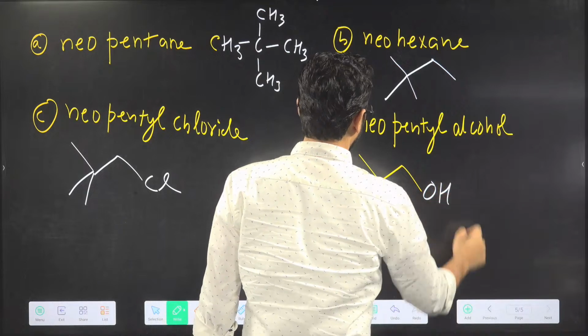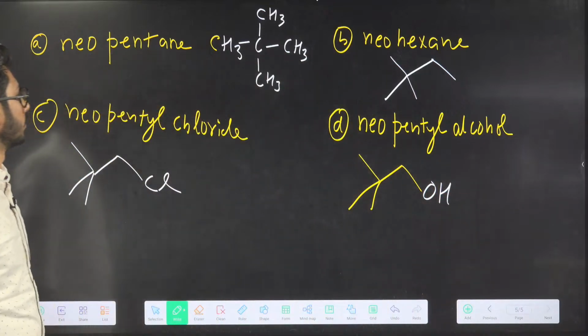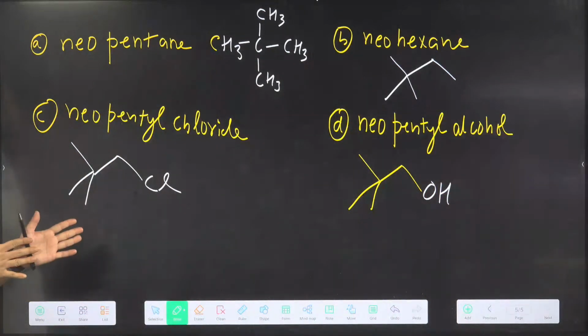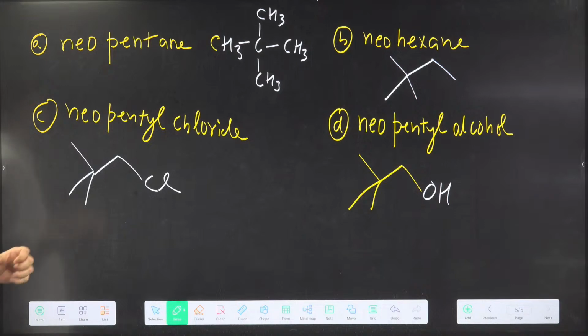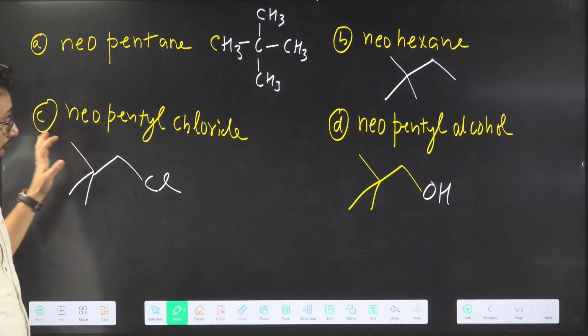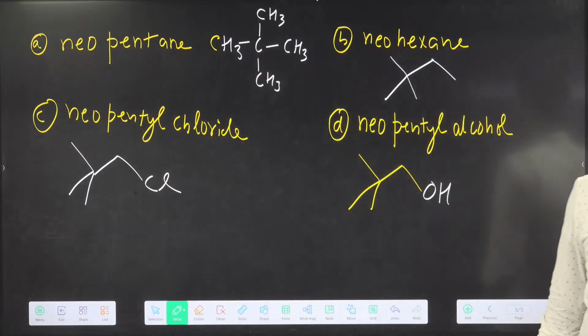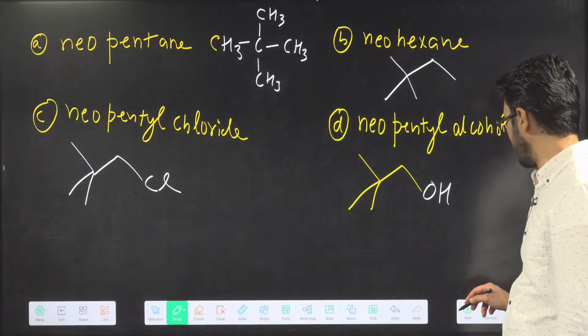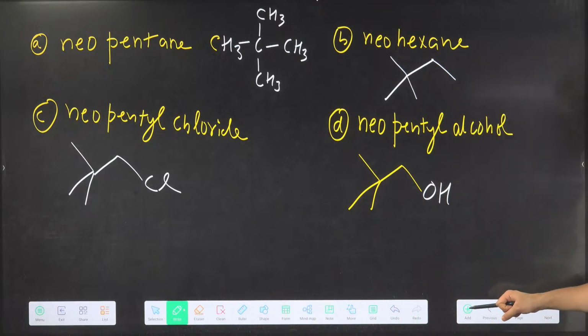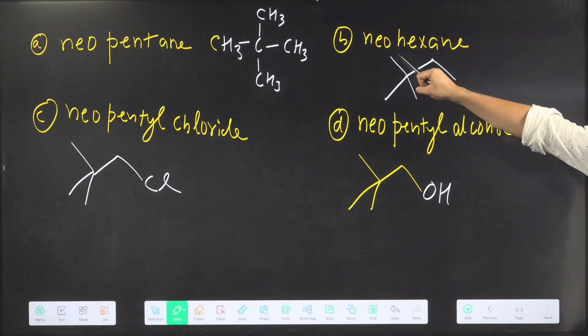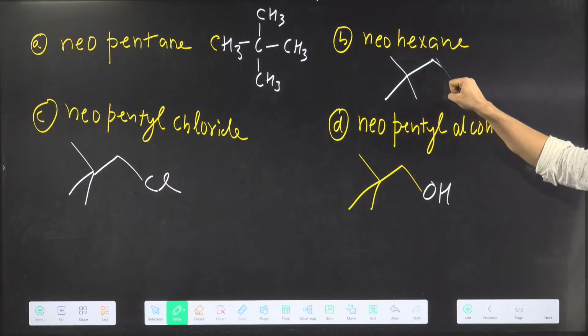Here, alcohol OH. Done. For neohexane, 6 carbons: 1, 2, 3, 4, 5, 6. Then after neo, next which is used in the reaction sometimes is the secondary compound, sec.